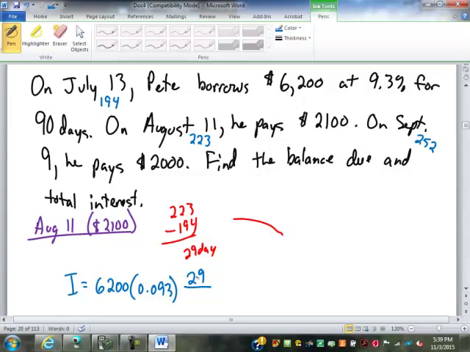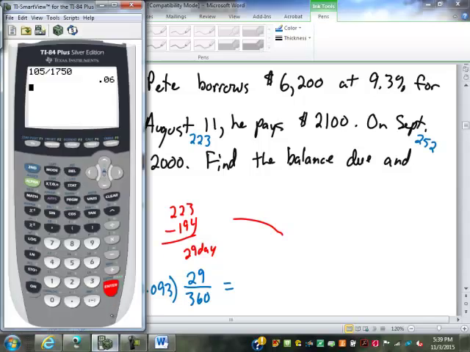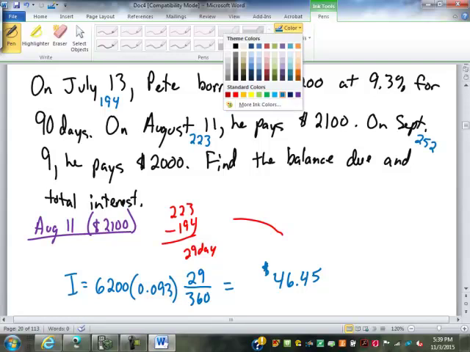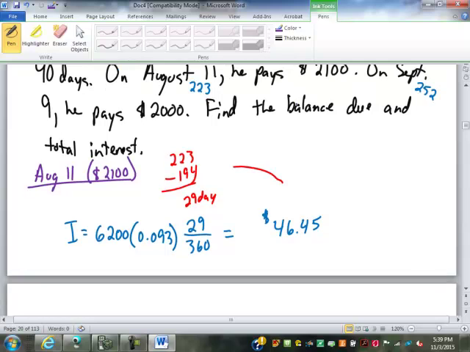Well, if it's not stated, we always use ordinary interest, which is 360. So 6,200 times 0.093 times 29 divided by 360. $46.45 is our interest. So before we make our payment, that interest gets added in.